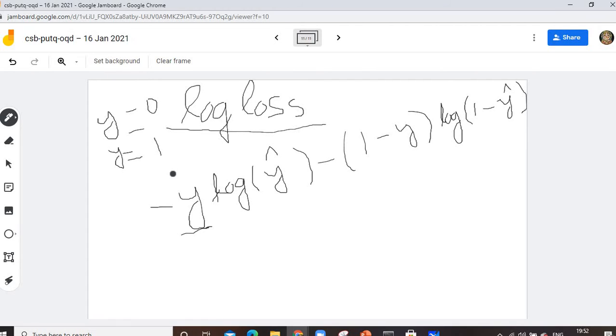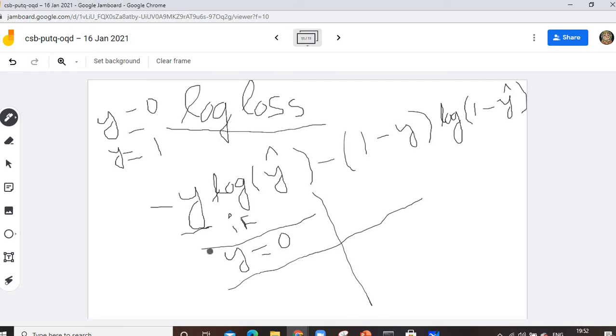So I can write this function with an if condition to understand it better. There are two cases: y may be 0 or y may be 1.